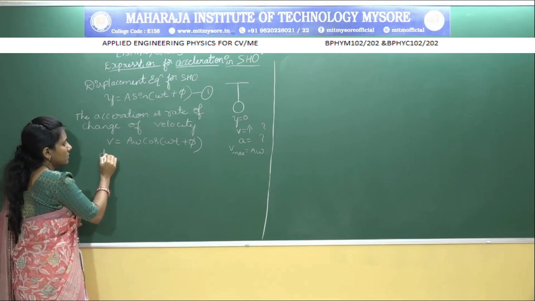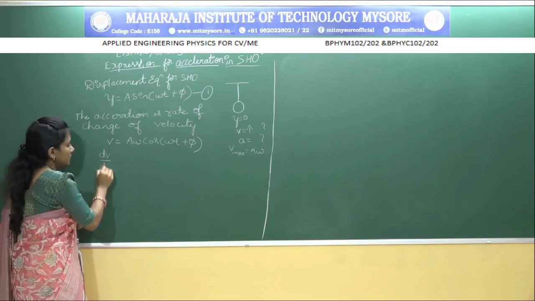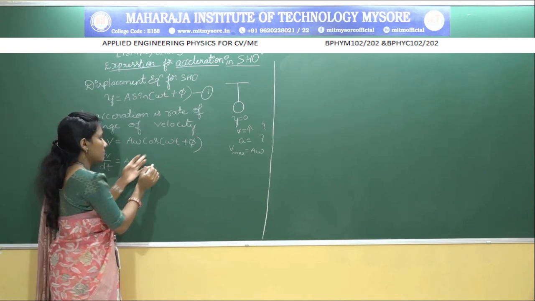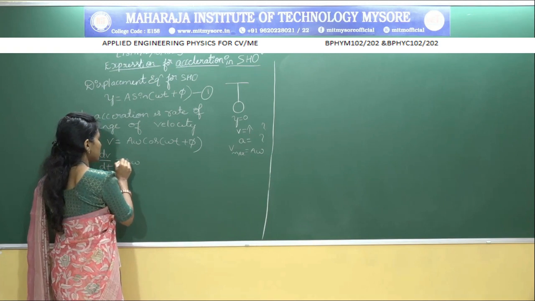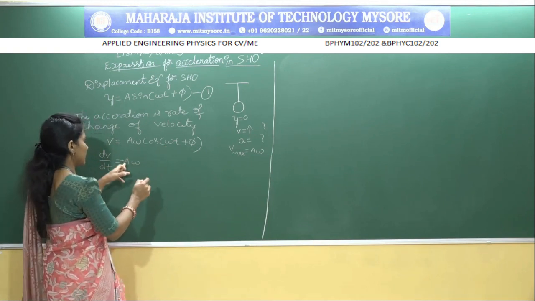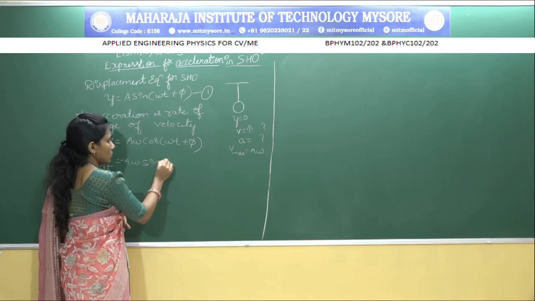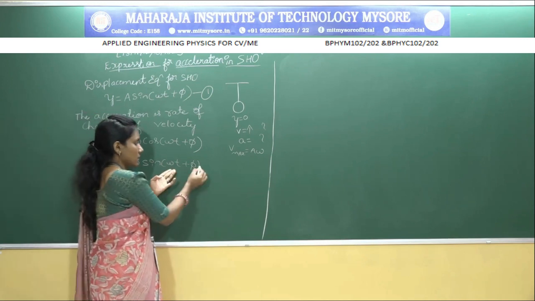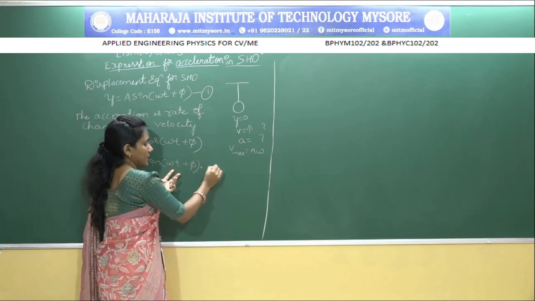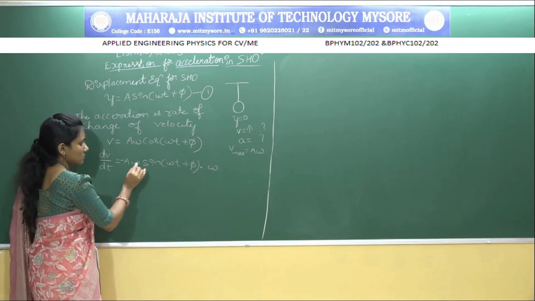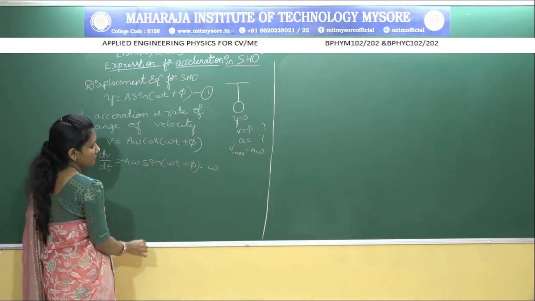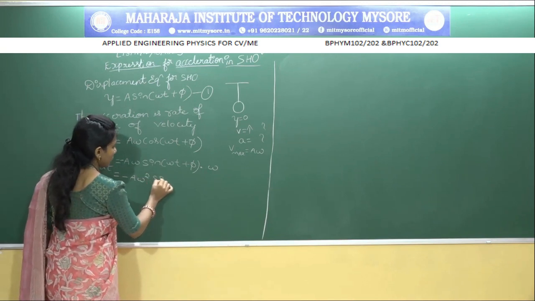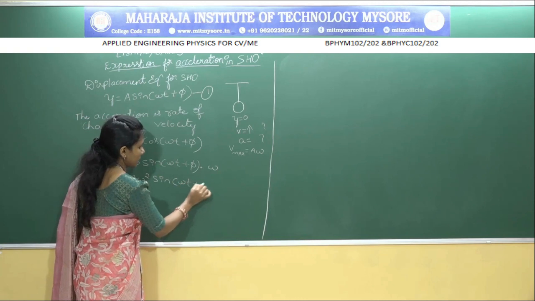So dv by dt is equal to a omega times minus sine of omega t plus phi, and with respect to t we are differentiating, so the remaining term is omega as it is. So we get minus a omega square sine of omega t plus phi.